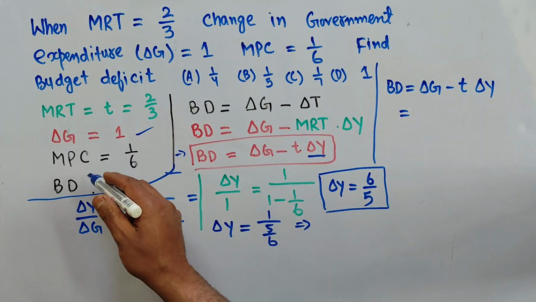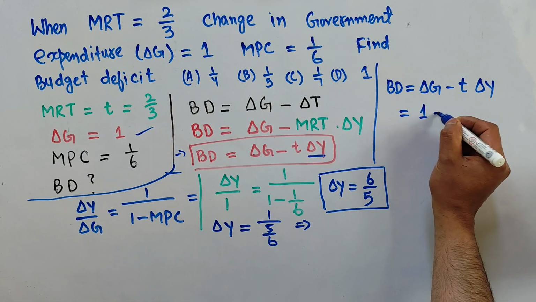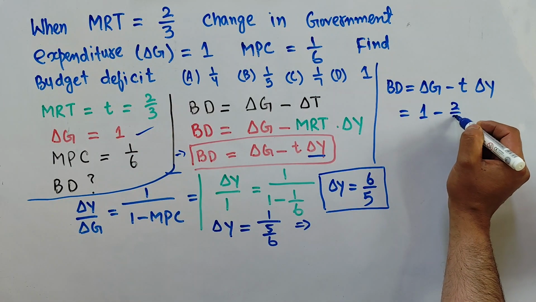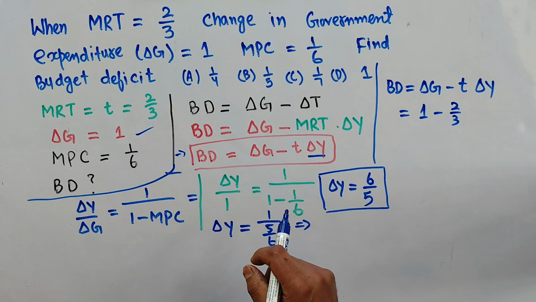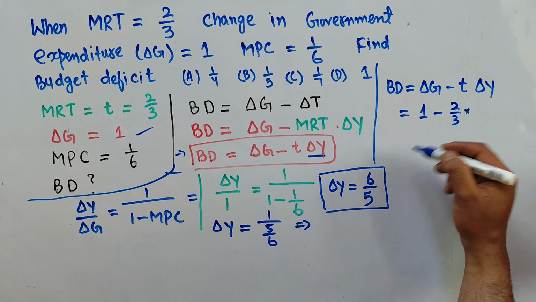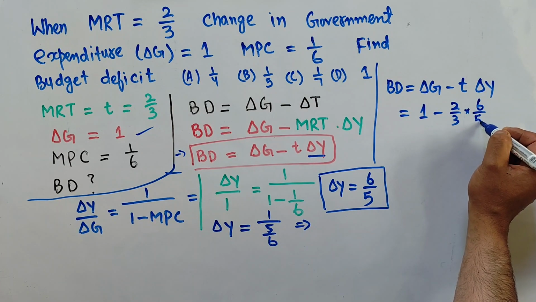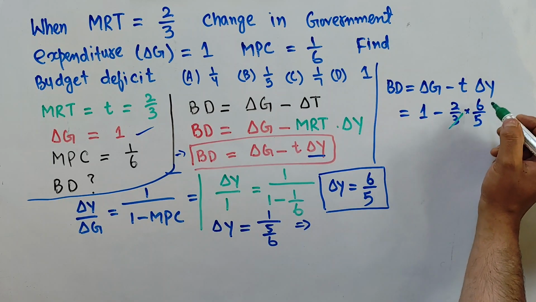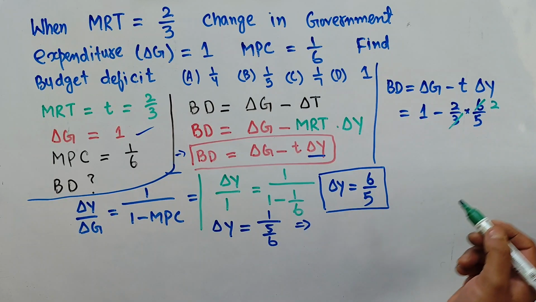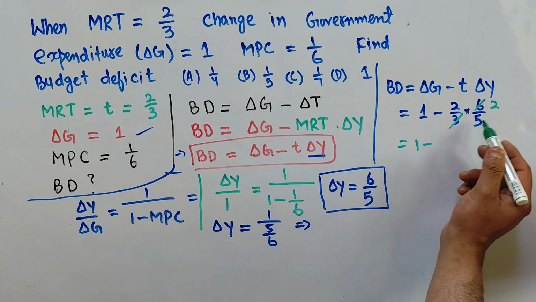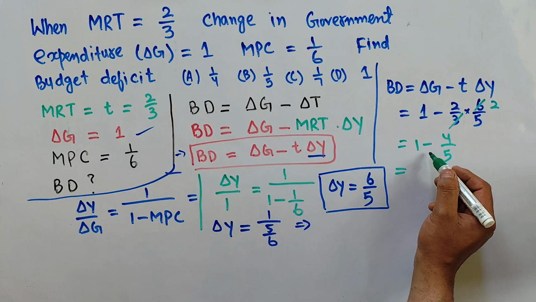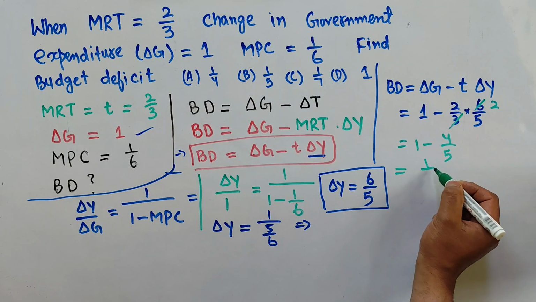So del G is 1, marginal tax rate is 2 upon 3, times the change in the income, 6 upon 5, which we calculated. So here some cancellation will be performed. 3 1s are 3, 2s are 6, so it becomes 1 minus 2 2s are 4 upon 5, which becomes 5 minus 4, which is 1 upon 5.